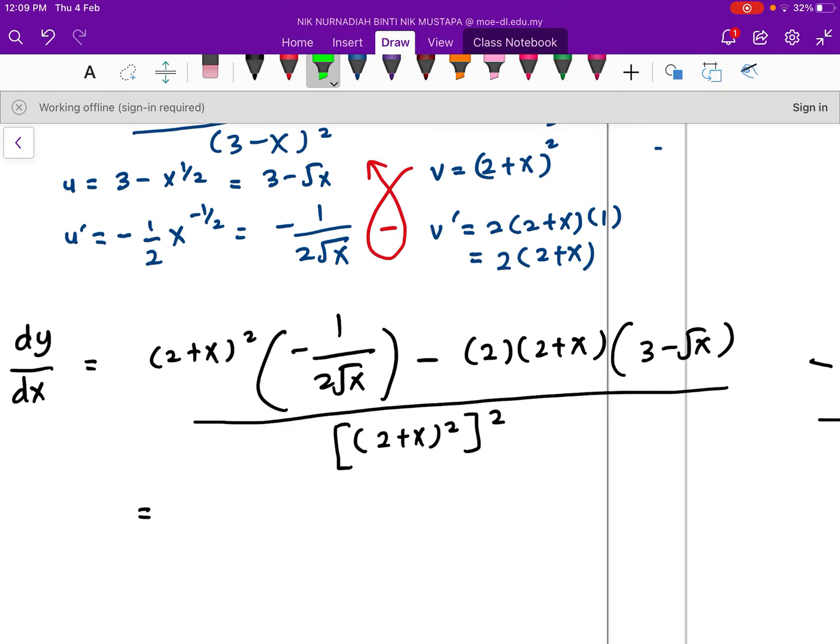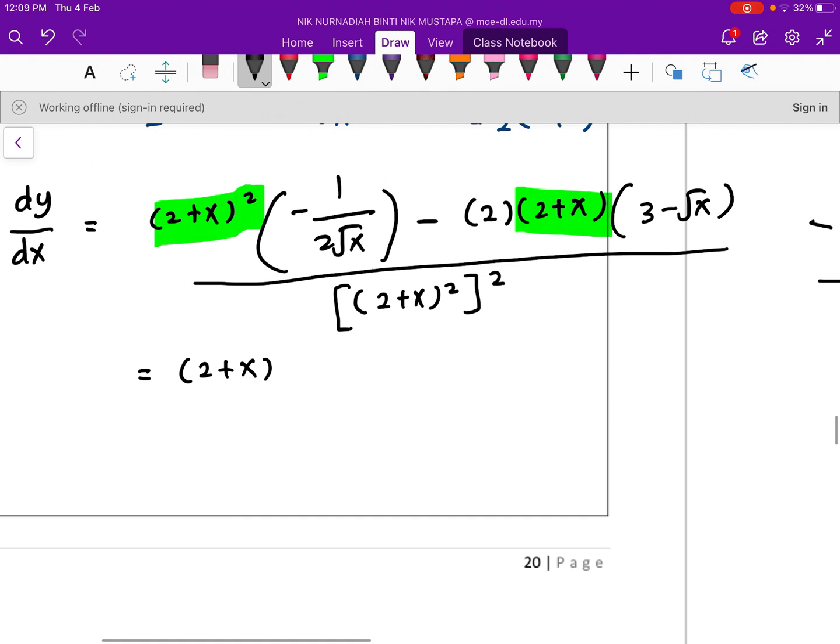Ya, ada. Kita akan faktorkan 2 plus x. Sebab ini ada kuasa 2, ini kuasa 1 sahaja. So, kita cuba faktorkan dia. Okay, faktorkan 2 plus x keluar. Dia akan jadi, okay, 2 plus x, bracket here. So here is 2 plus x.